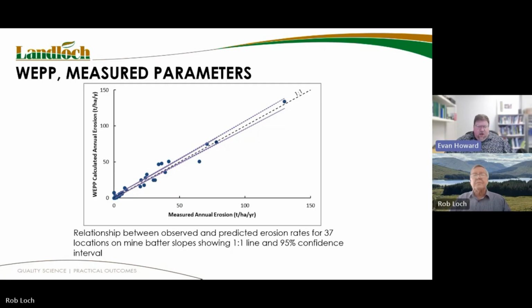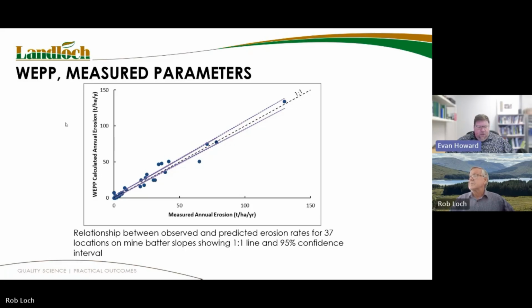So this graph here shows times where we've measured annual erosion within the field, using a range of techniques, and that might be erosion transects or measurements from LiDAR pickups, those sorts of things. And we've also got erosion predictions using WEP calculated for the same period. So the data set here is over 37 locations over a range of different climates.